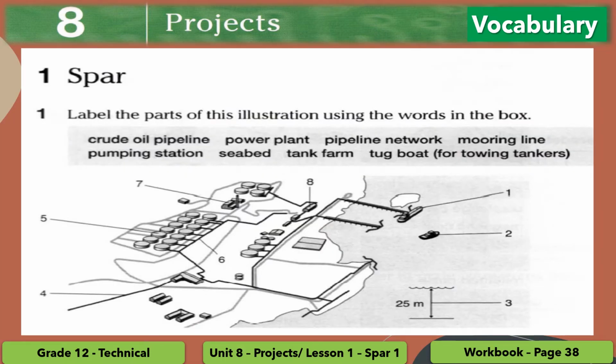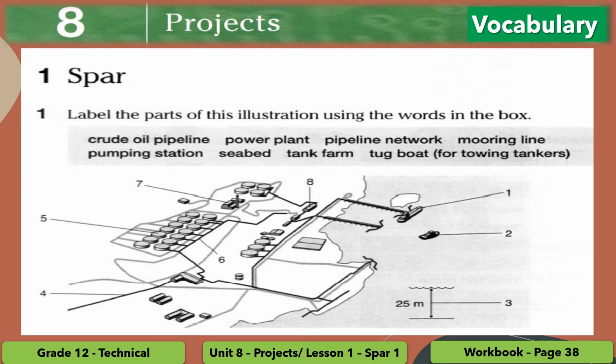Dear students, please now move to your workbooks, page 38. We have a similar exercise here. In exercise number 1, you have to label the parts of this illustration using the words in the box. We have more words here. Let's have a look.